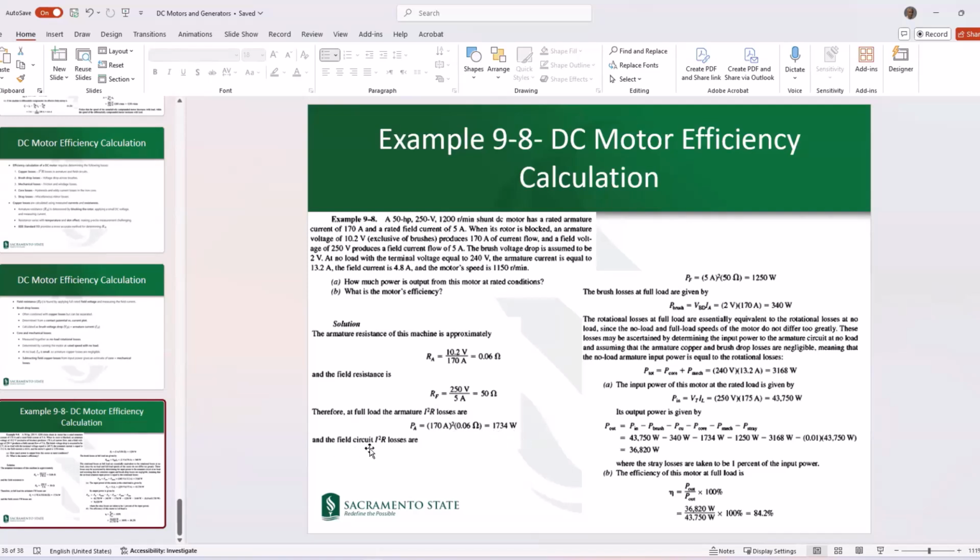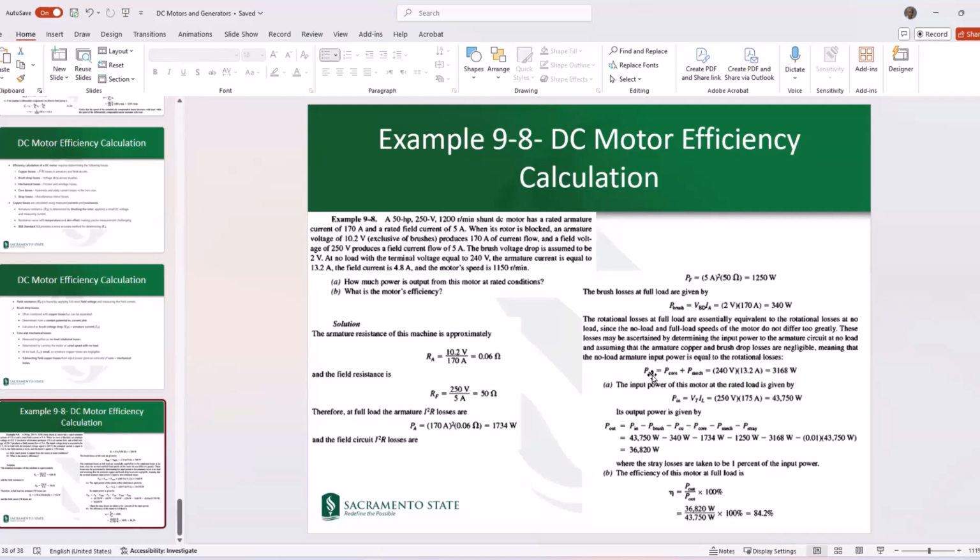And the field circuit copper losses, or I squared R losses, becomes 5 squared times 50, or 1250 watts. And we also have brush losses. We assume that the brush voltage drop was 2 volts. So P brush would be V brush drop times IA at the rated conditions of 170 amps in the armature. That would be 340 watts.